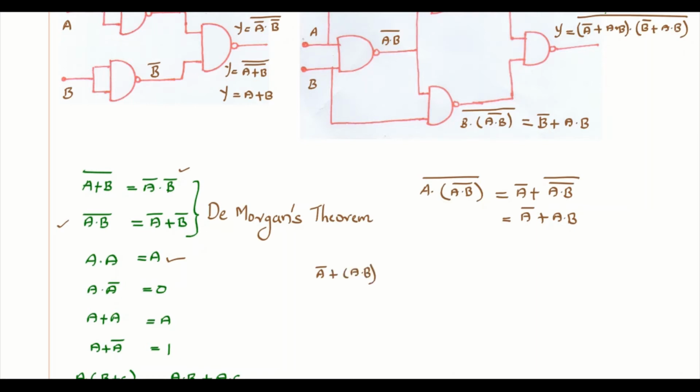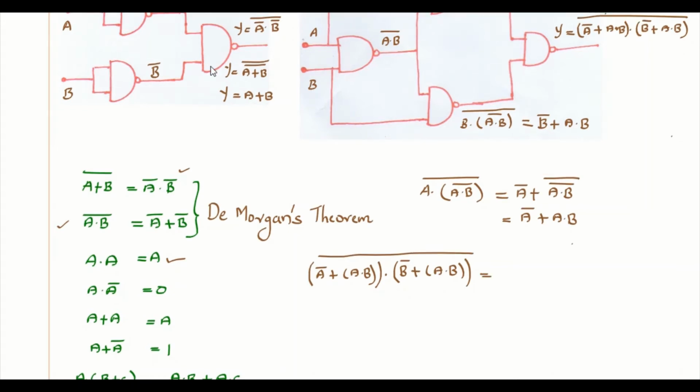Now consider A complement plus A dot B dot B complement plus A dot B the whole complement. From De Morgan's theorem, we can see that A dot B whole complement is equal to A complement plus B complement.